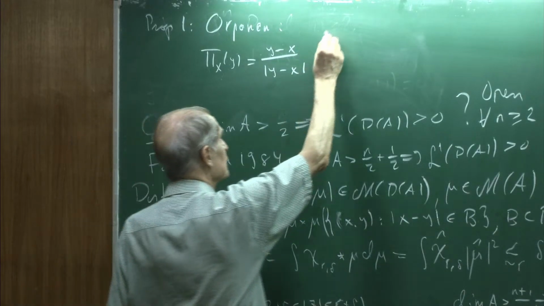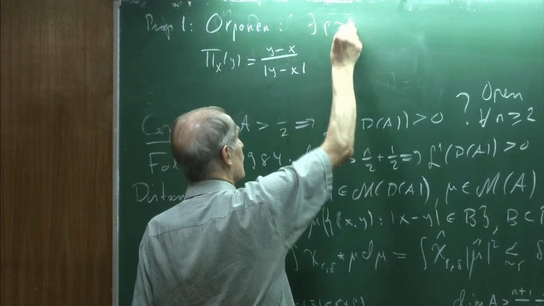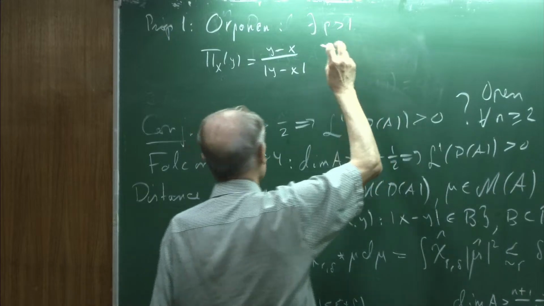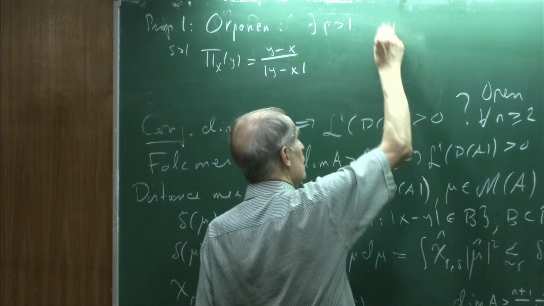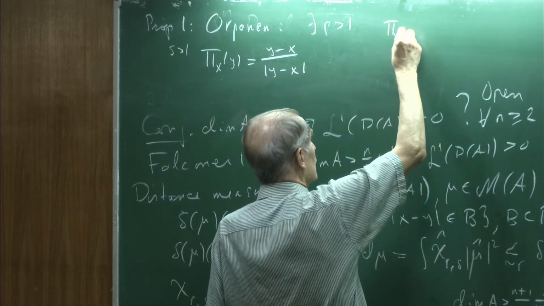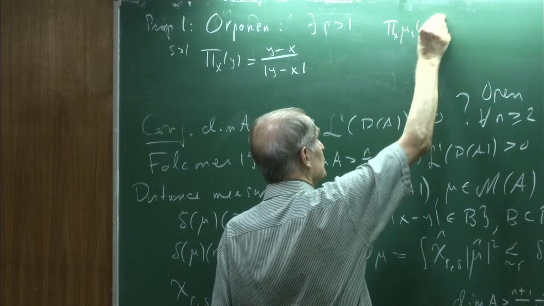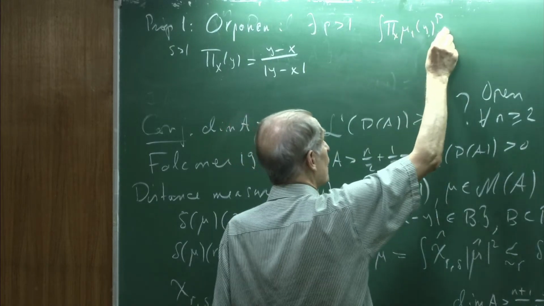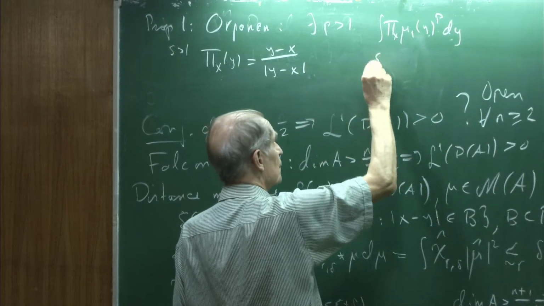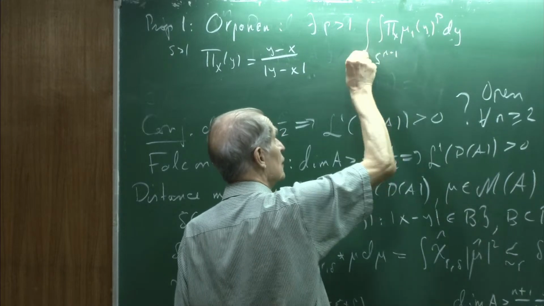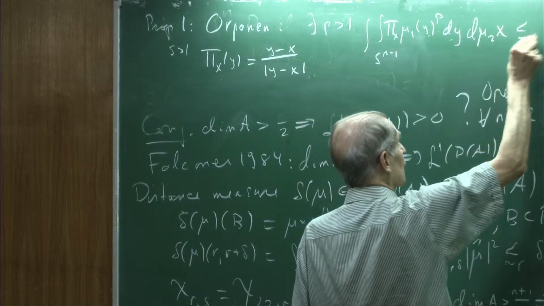And then he proved that if there is p bigger than 1, and when s is bigger than 1, as it is here, then if you take the radial projection from x of mu1 and you integrate this to the p power over the unit sphere, so you take the L^p norm on the unit sphere, and then you integrate with respect to this atom measure, then this is bounded.